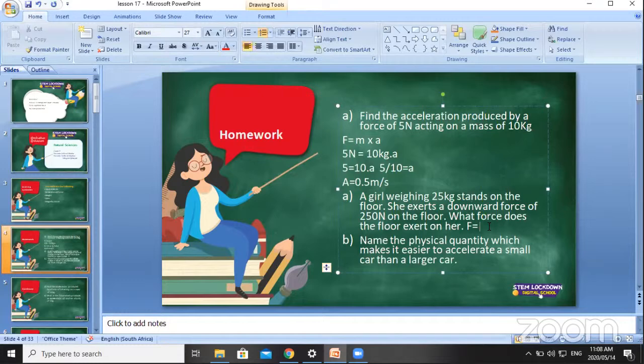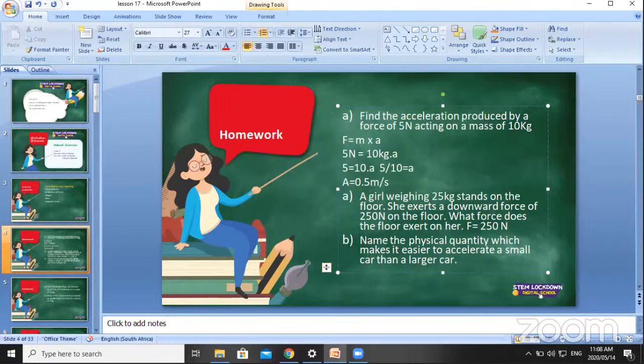Anyone? Okay, let me give you an answer, grade 9. The correct answer is that she exerts a downward force of 250 newtons on the floor, and the force that the floor is exerting on her is 250 newtons. One would ask why she is exerting 250 newtons.